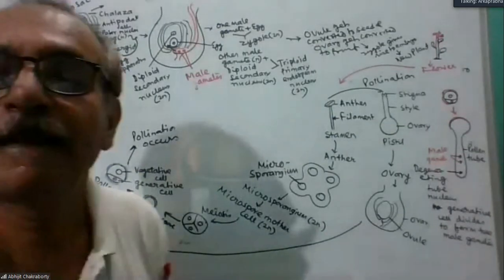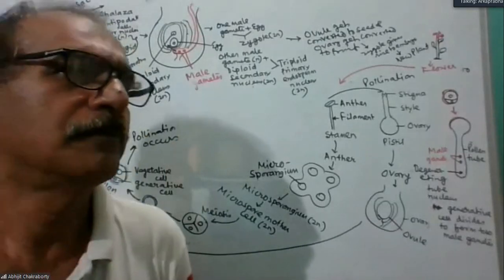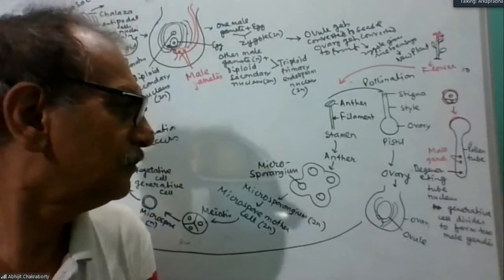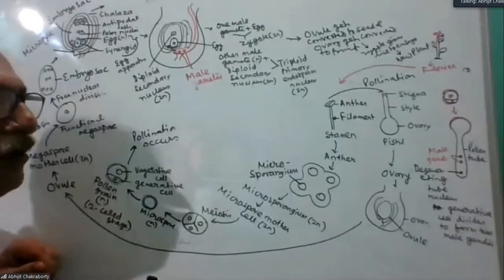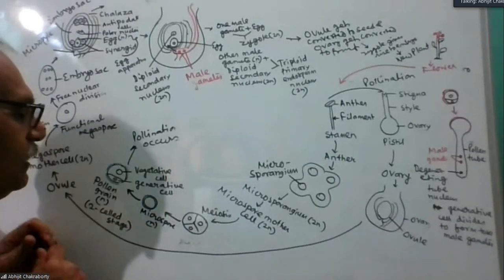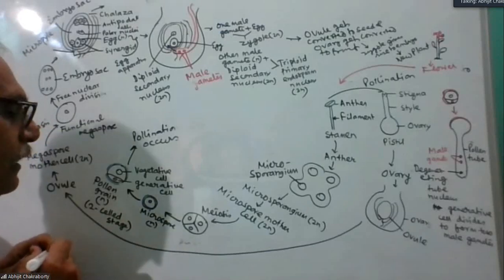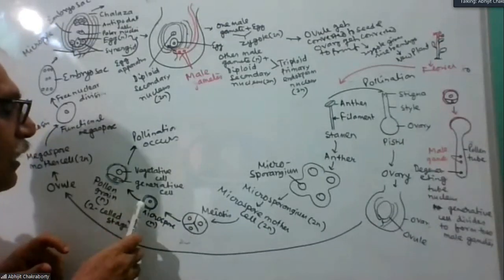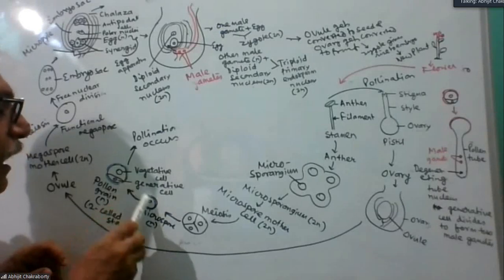Basically, you know, these cells are not at all called prothallial cells. Microspore with a single nucleus, if you study in class 12 you will get it. The single nucleus of the microspore then divides.